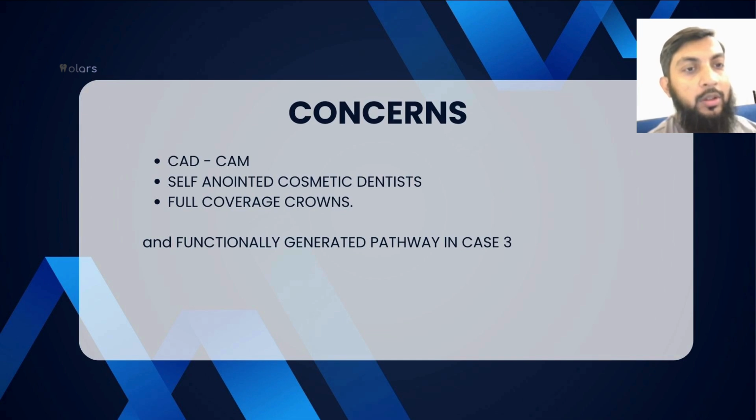So the pathway of the movement of the tooth will be generated before the material is set. Then it is polished, and there you have your functionally generated pathway restoration.